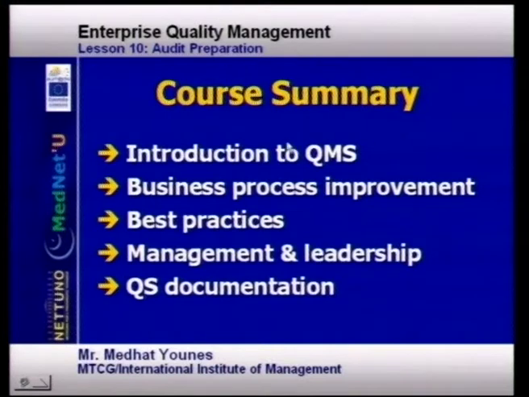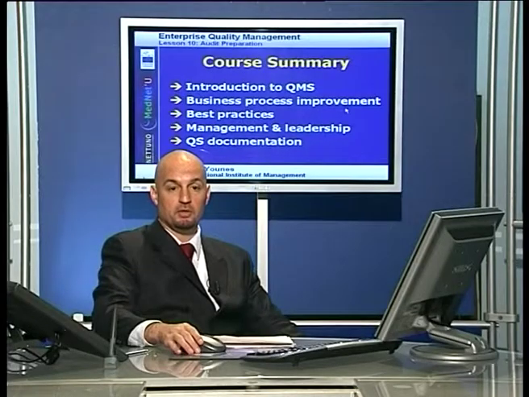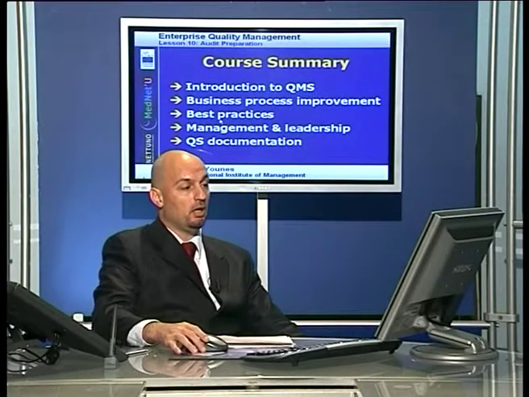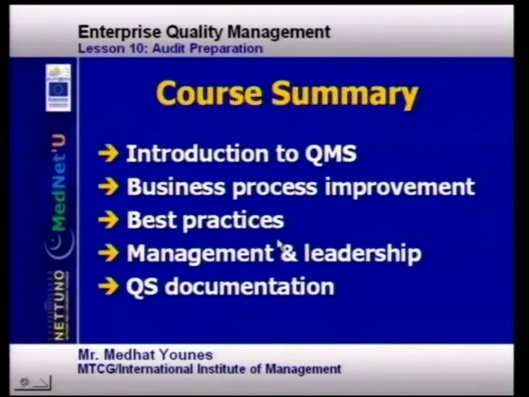So with this, let's recap what we have learned through the Enterprise Quality Management course. We introduced the quality management system. We focused on business process improvement as a core requirement for implementing a quality management system in your organization. We listed management best practices.